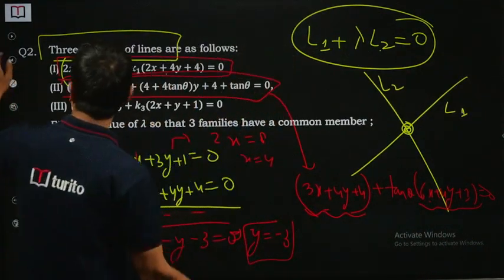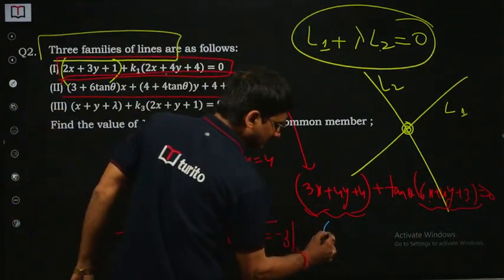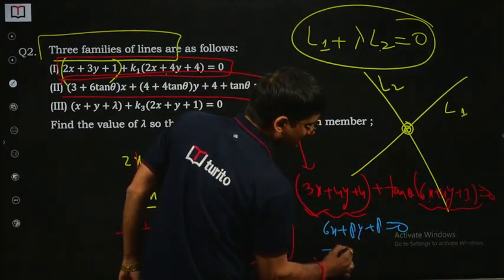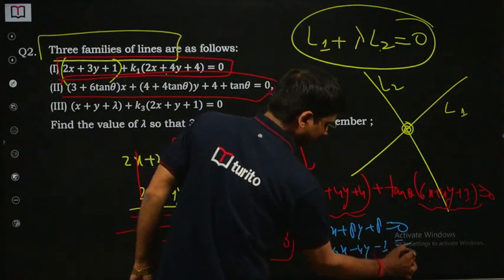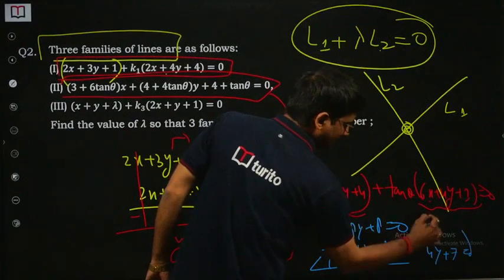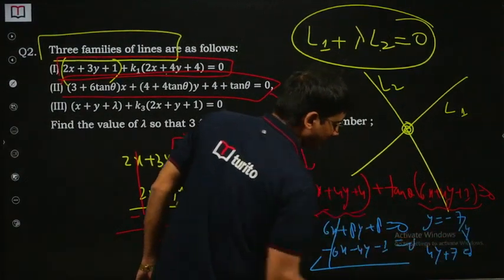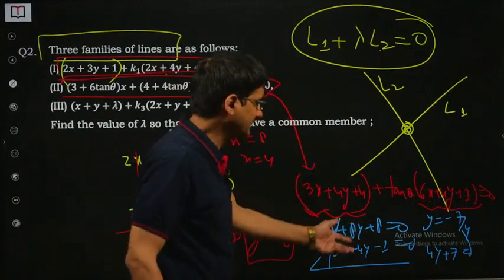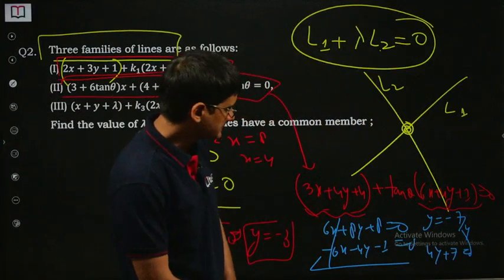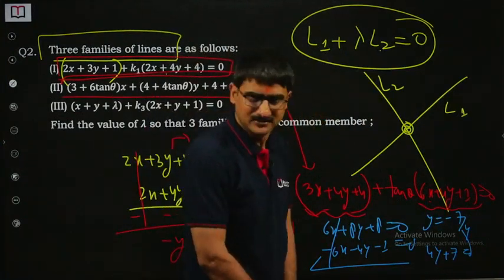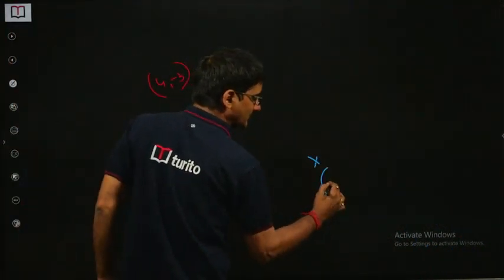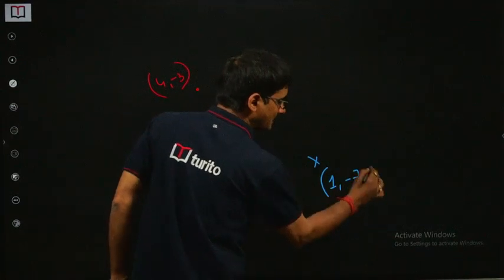If we solve it here itself, it's 6x plus 8y plus 8 equal to 0, and minus 6x minus 4y minus 1 equal to 0, so it's 4y plus 7 equal to 0. So y is equal to minus 7 by 4, and you put the value here. I think x is 1, if I'm not wrong. So another point is 1 comma minus 7 by 4.